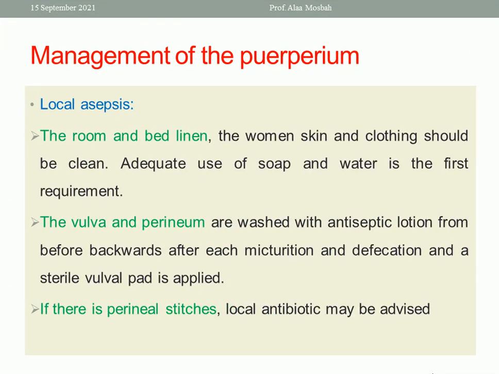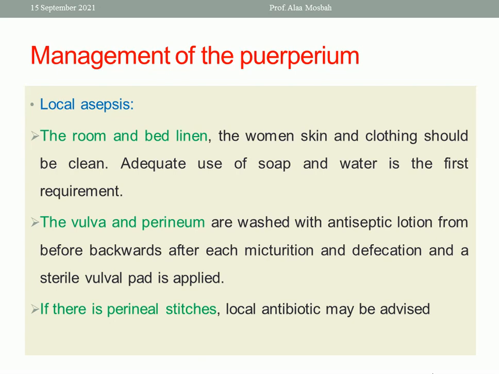What about local asepsis? The room and the bed lining, the woman's skin and the clothing should be clean. Adequate use of soap and water is the first requirement. What about the care for the vulva and the perineum?